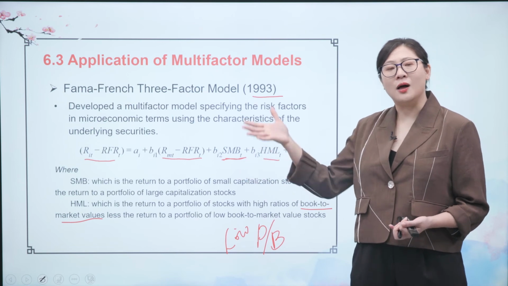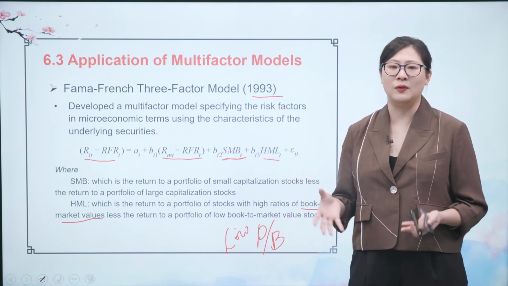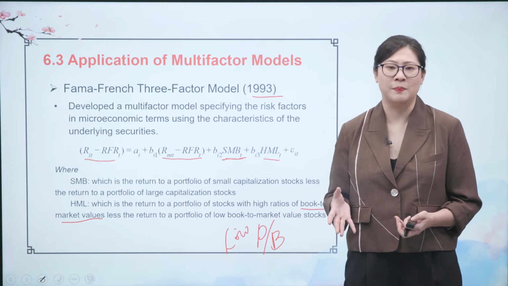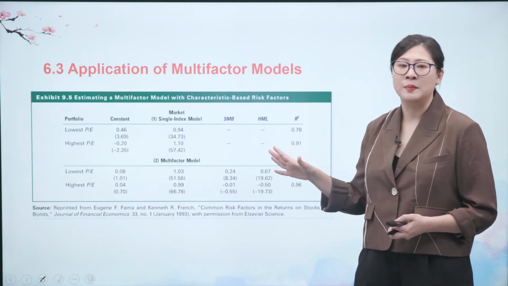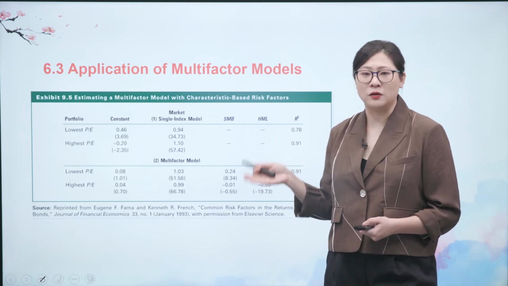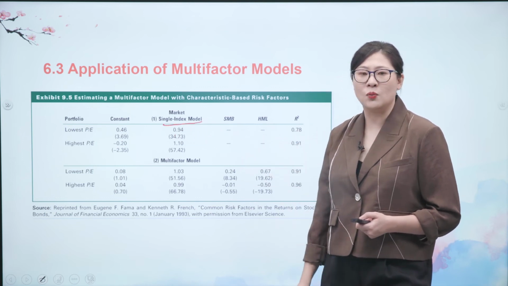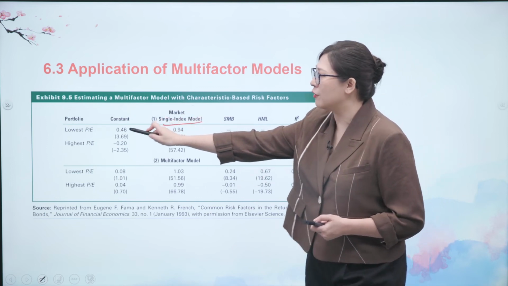So we separated all these results into groups, and then we ran this regression, and we have this result here. Now let's have a look at the result. If we don't run the multi-factor model, we use the single factor model, and we have two different portfolio groups.